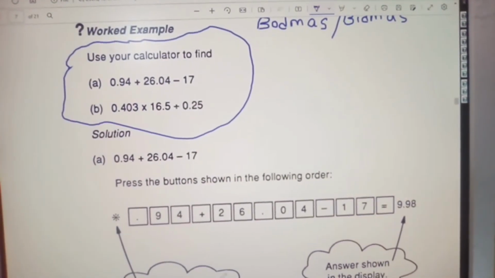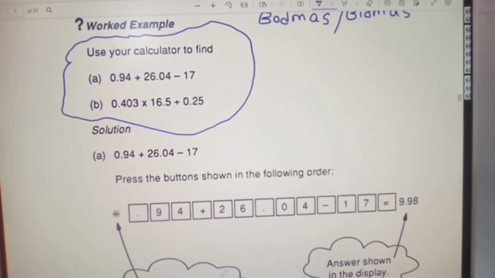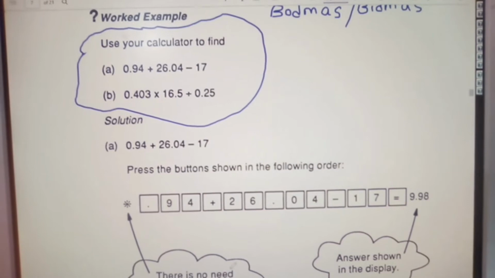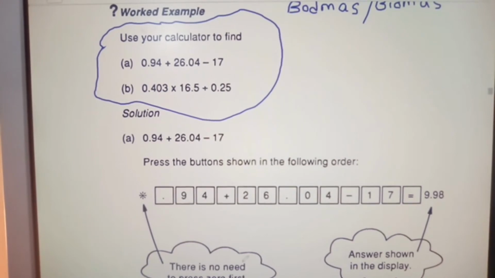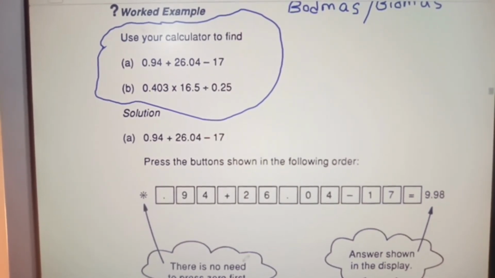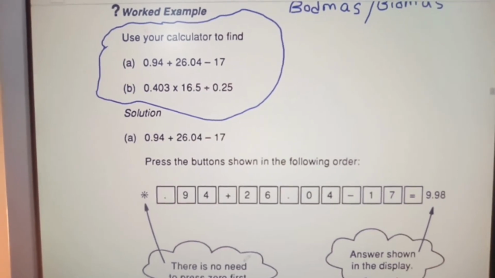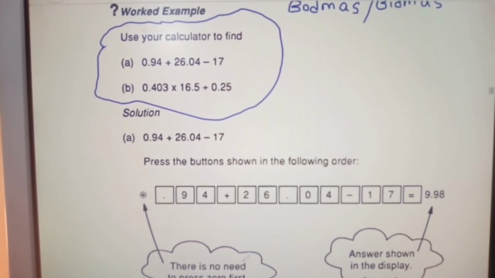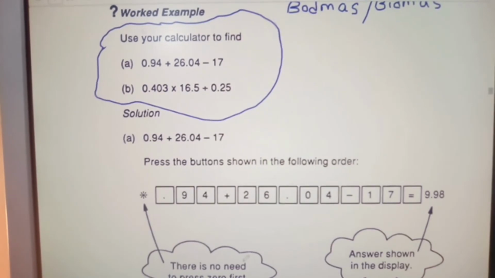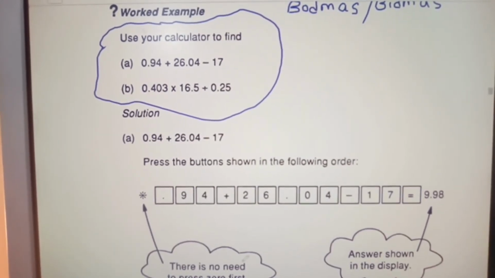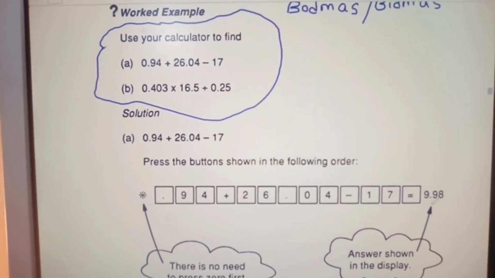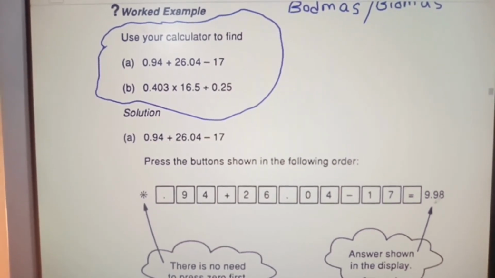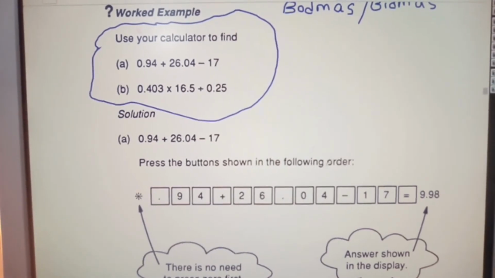Clear, 0.94 plus 26.04 minus 17 equals 9.94. So here you can see that is wrong for a start. It has to be 9.98, not 9.94. That would be an incorrect function here.